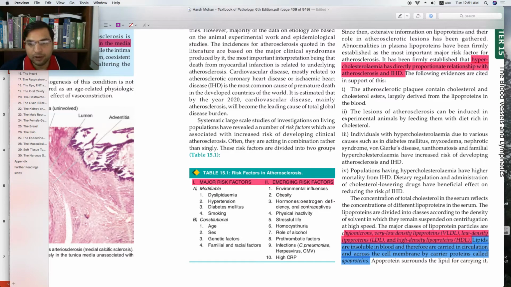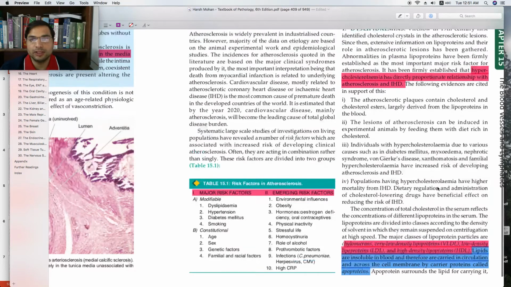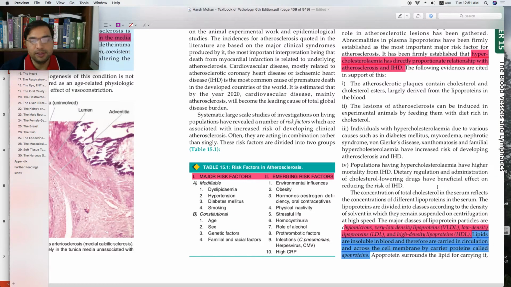VLDL, chylomicrons, LDL and HDL and cholesterol. Lipids are carried in the blood with the proteins called apoproteins, right? Deranged levels of these various types of lipids cause dyslipidemia, right? We already know that the high density lipoproteins are good lipoproteins, whereas the low density and the very low density lipoproteins, triglycerides and cholesterol are the bad lipids.